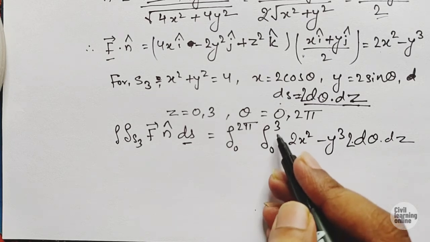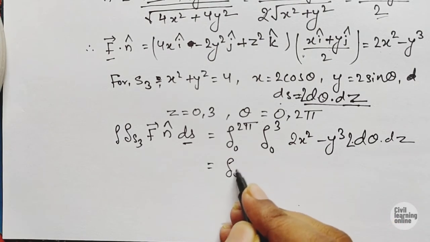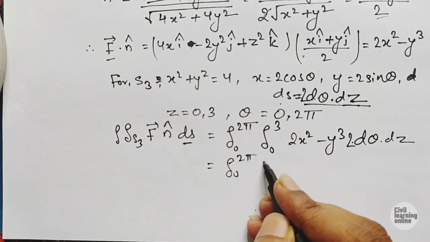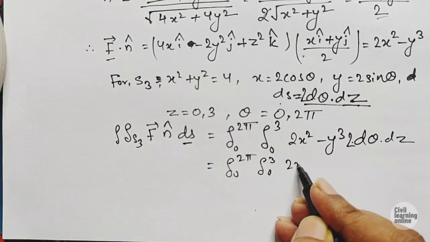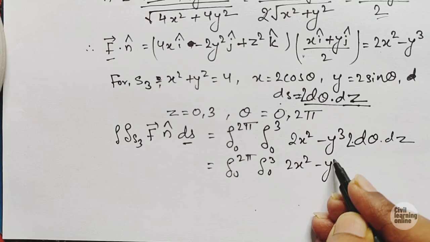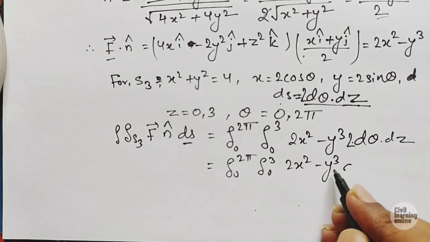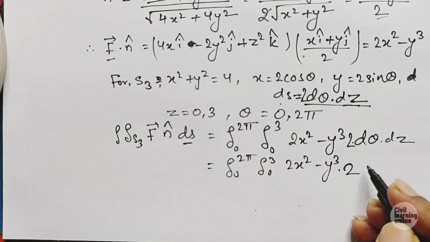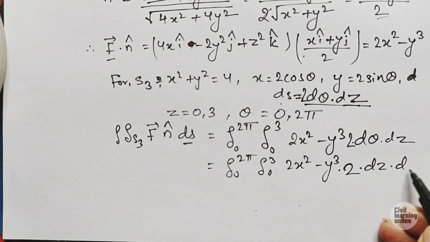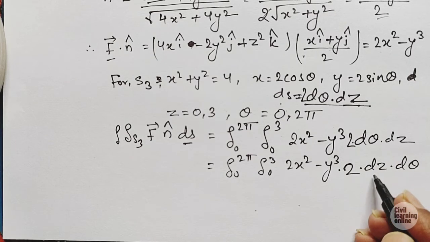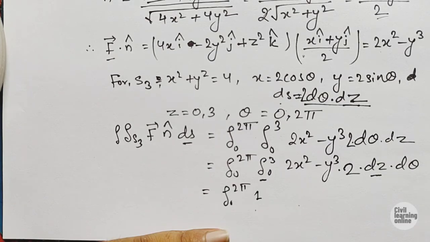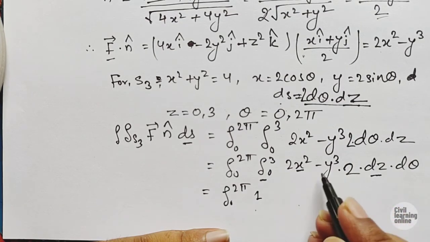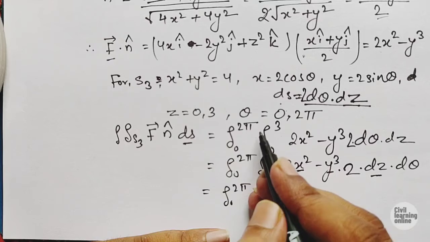This is the limit of z, so I am going to write z in front of theta. So 3, 2x squared minus y cubed, and this is multiplied by 2, dz and then d theta. First of all, find the integration with respect to z and put in the value, and then we have x and y in terms of theta.